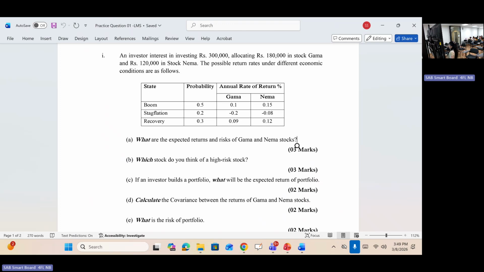And then the last one, calculate the portfolio risk, that means the standard deviation of the portfolio. The last one is about the diversification impact. Okay, try to do it on your own, by discussing with your friends.